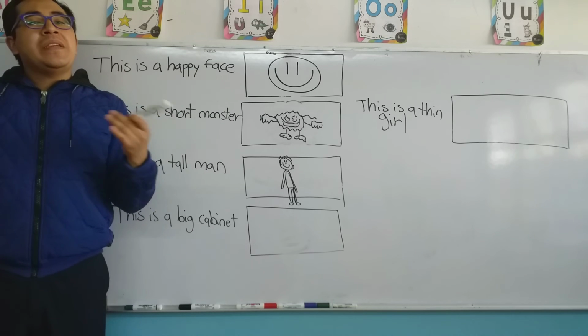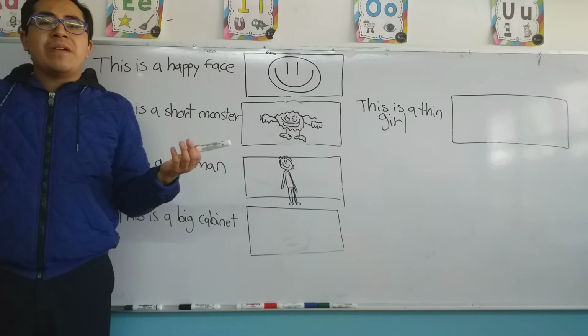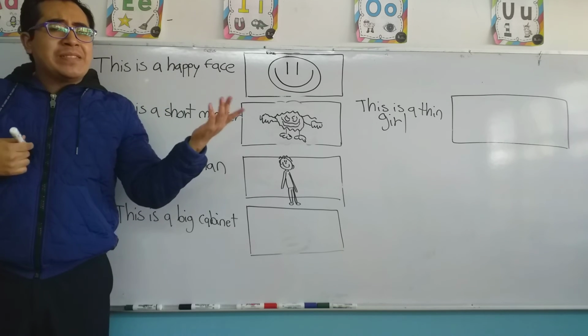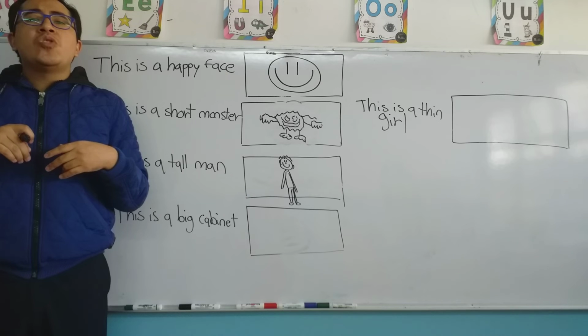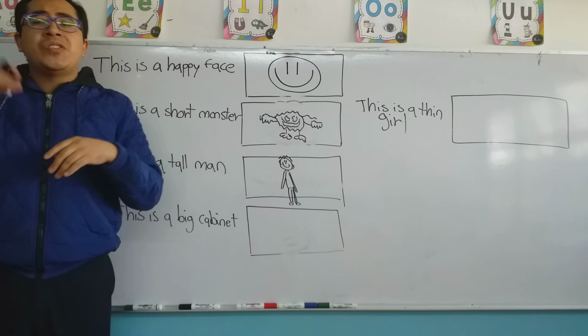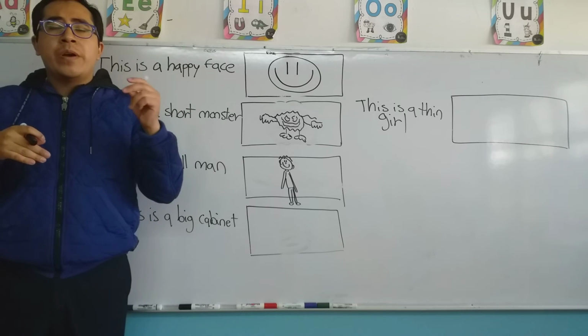Now, cabinet in Spanish, mueble. Remember that a cabinet, it's an object that is made of plastic or wood that we use to put all of our things inside, including toys, books, or clothes.